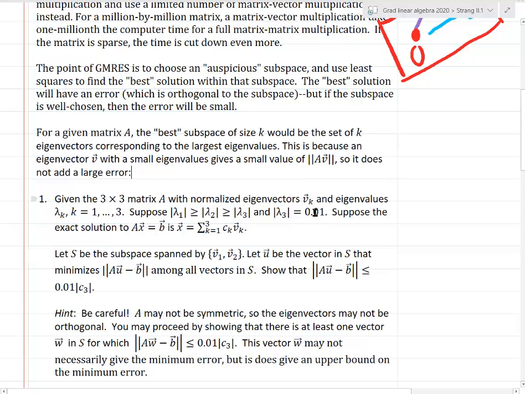All right, now be careful. A may not be symmetric, so the eigenvectors may not be orthogonal. But you may proceed by showing there's at least one vector w in S for which the norm of Aw minus b is less than or equal to 0.01 times c3. Now let's think for a moment what this vector w may look like.